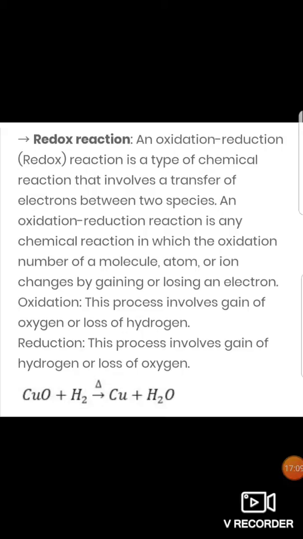So here oxidation and reduction both are taking place. Here oxygen is lost from the reactant and gained in the product. So that is a redox reaction.